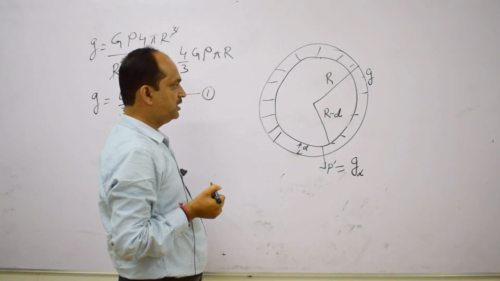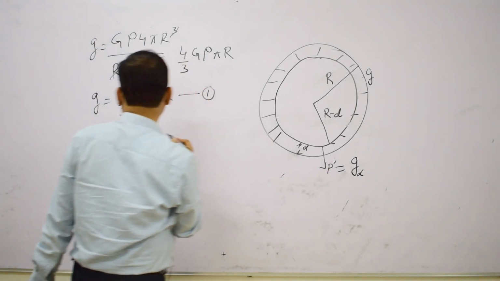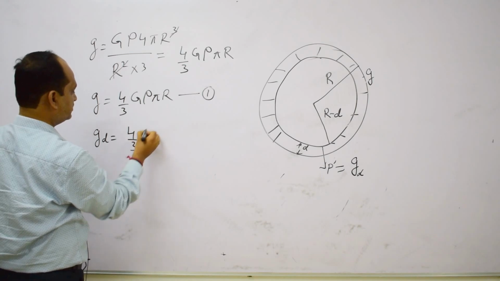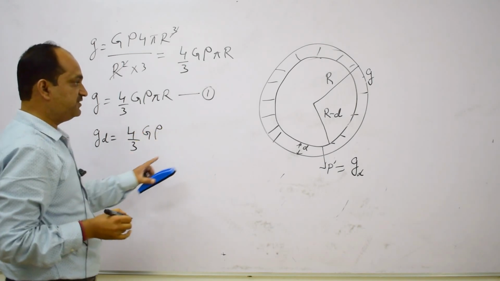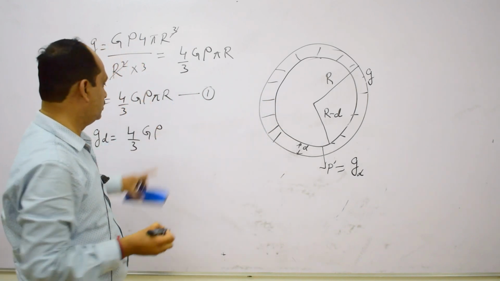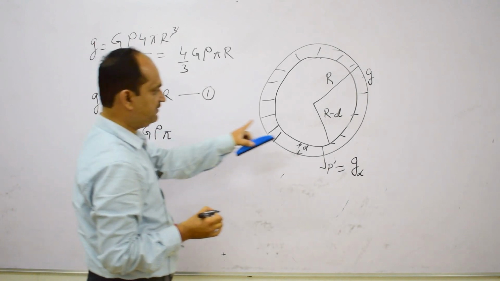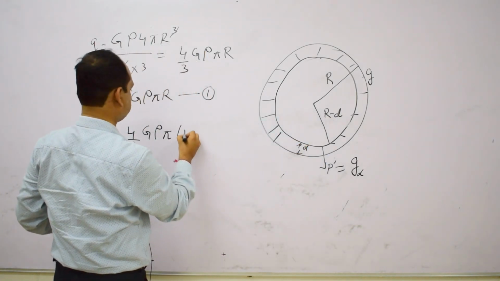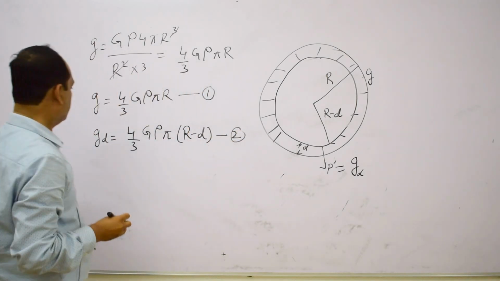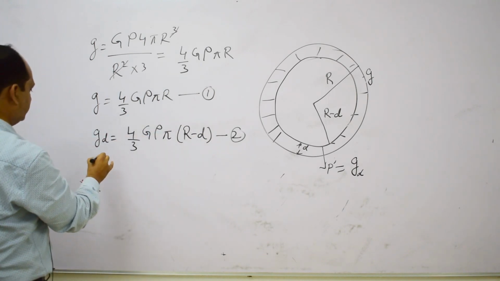Similarly we can write the value for gd. gd = 4/3 G rho π, because we are assuming that the mean density of earth is constant and that is rho, and in place of R we have R - d. Equation number 2.